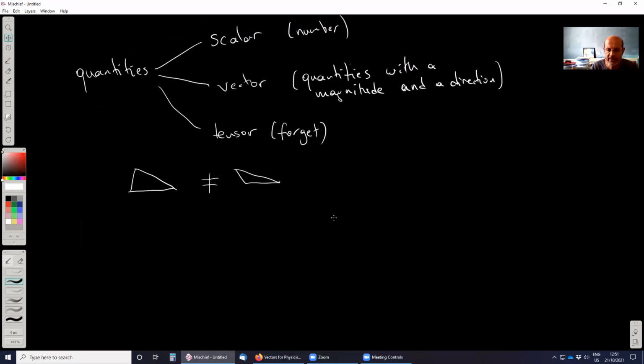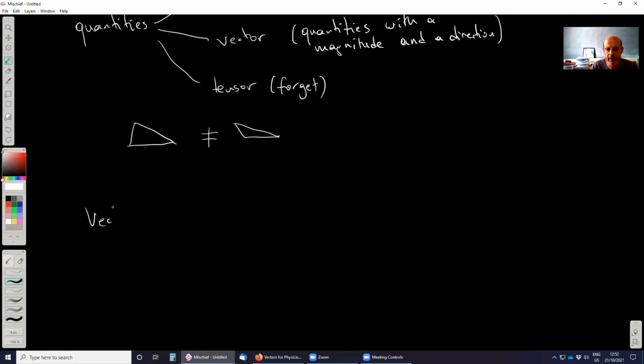So a vector is essentially a directed arrow in, let me say, 3D space. You can also define vectors in some hypothetical spaces as well, but that's something else. You're going to see this kind of approach in linear algebra courses.